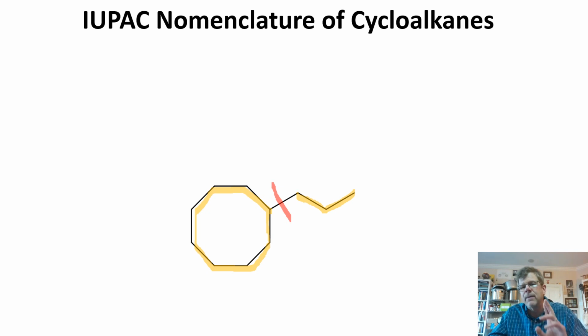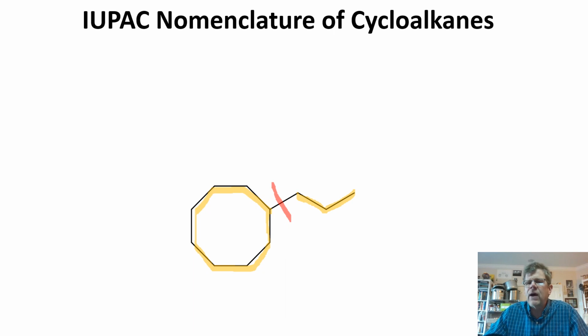We have to keep them separate. Very important, that red line that I just drew there separates the two into a linear component or a non-cyclic component and the cycle itself.